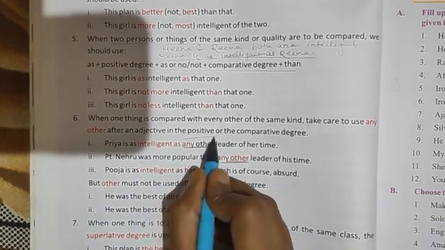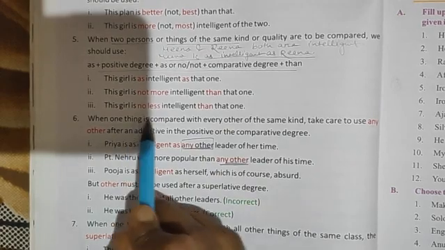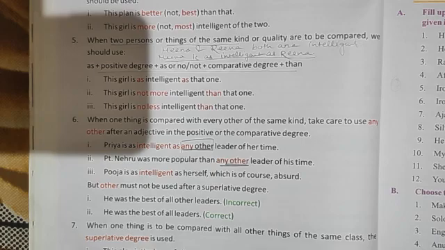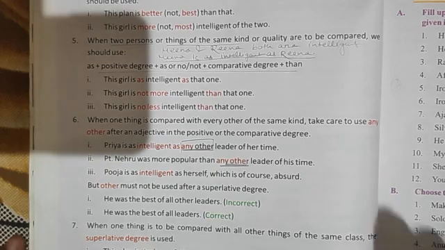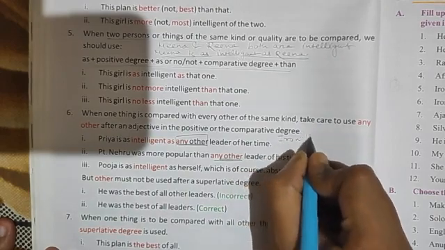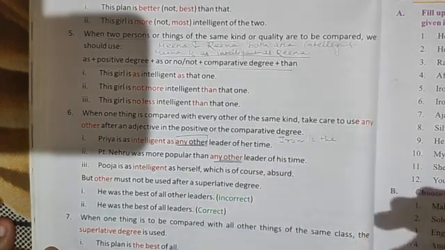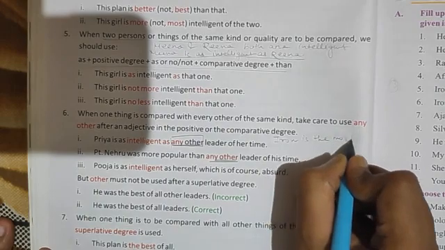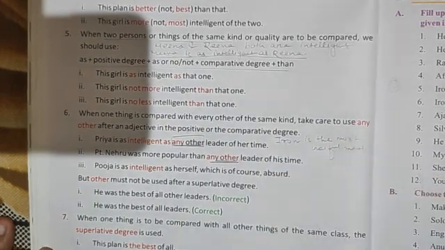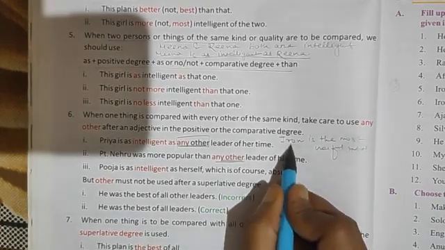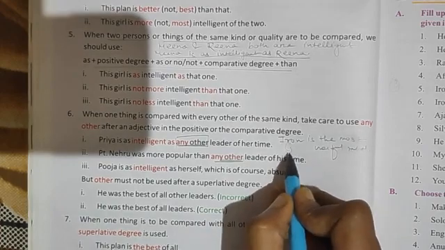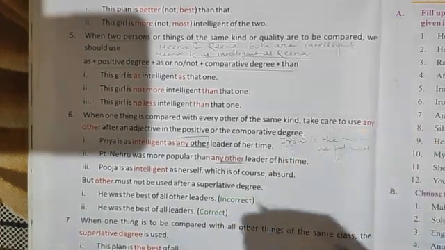When one thing is compared with every other of the same kind, for example, if I am talking about iron, iron is the most useful metal. So if I am changing this into comparative or positive, I will be comparing iron with all other metals.